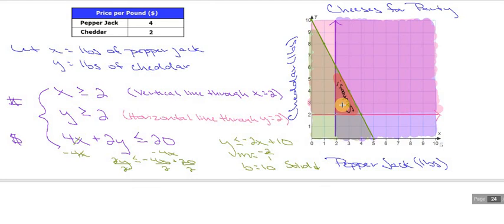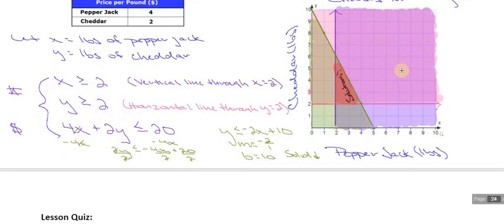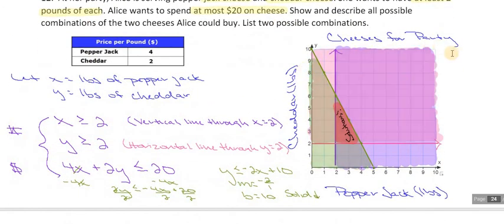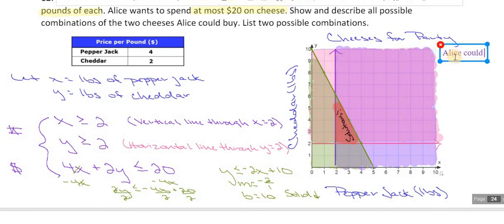Okay, so let's list a couple combinations of the cheese options that she can purchase. So let's say 3 pounds of pepper jack, 3 pounds of cheddar. So what's this person's name? Alice. So Alice could buy 3 pounds of pepper jack, I'm just going to call it PJ, and 3 pounds of cheddar.